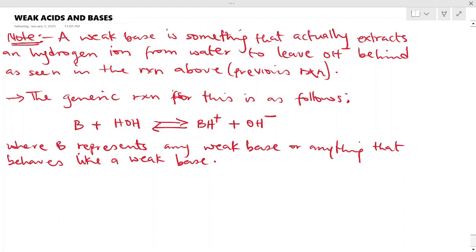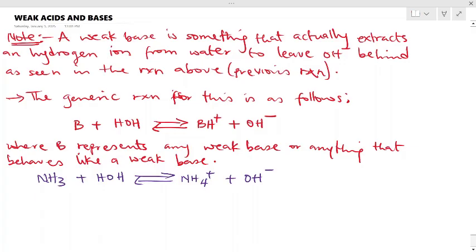So rewriting the reaction above, that's the ammonia reaction, we can write an equilibrium expression for it as follows. I want to do that in another color. Let me take purple. Right, so the previous reaction where we showed ammonia reacting with water, to write an equilibrium, we have NH3 plus water HOH forming ammonium ion plus OH minus.